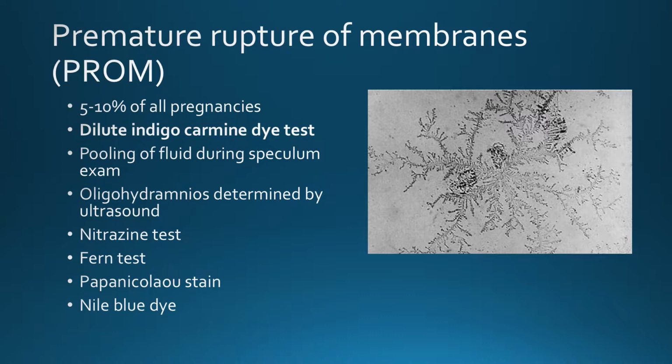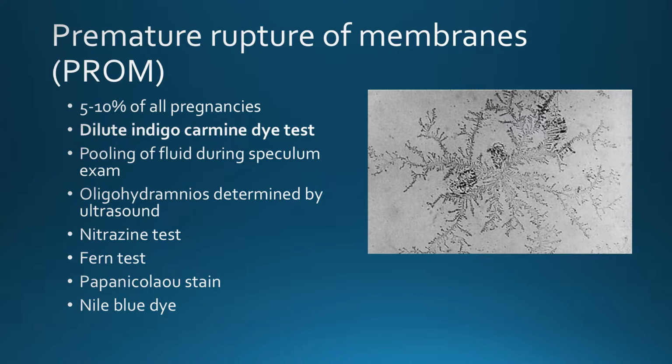Now, most women are going to be diagnosed with premature rupture of membranes with a speculum exam, so by their OB in the office and by history. But in about 5 to 10% of cases of PROM, we actually can't tell if the membranes are ruptured just by doing a speculum exam.